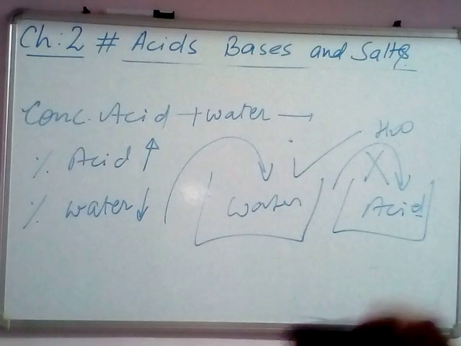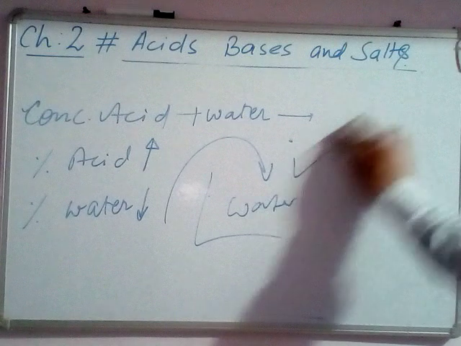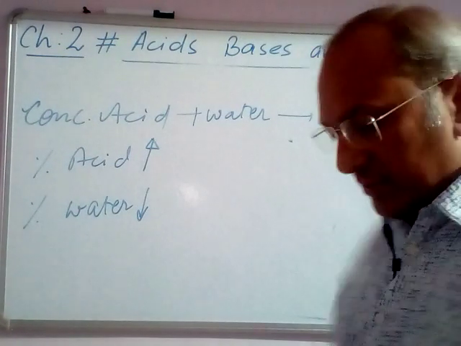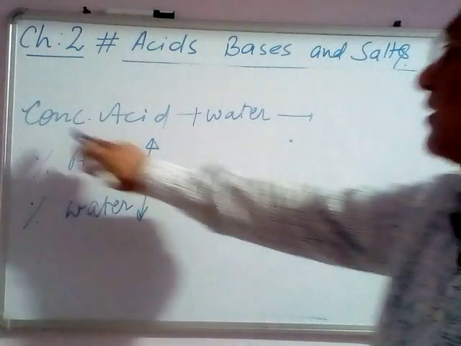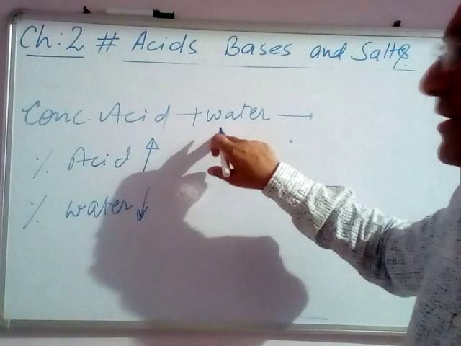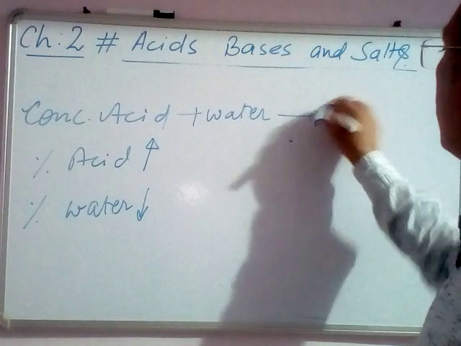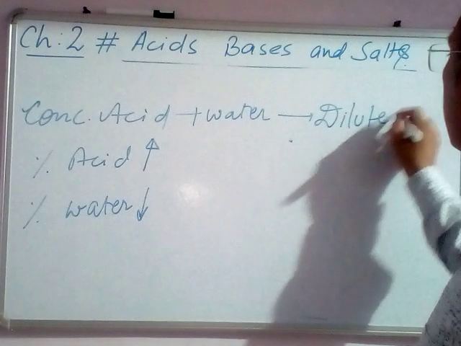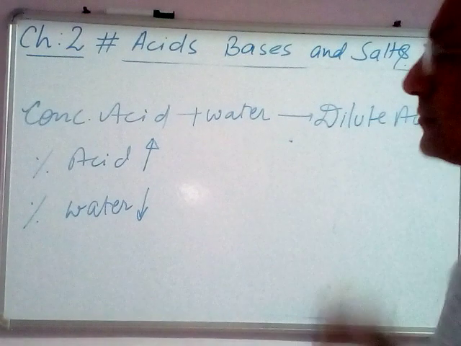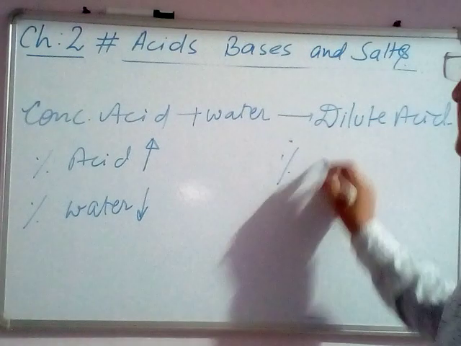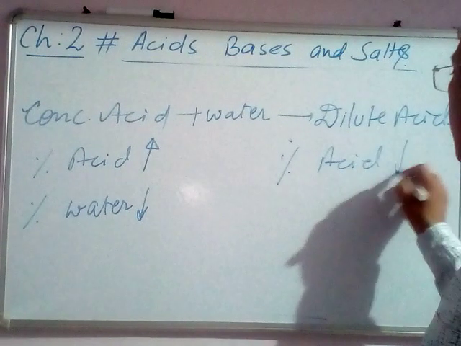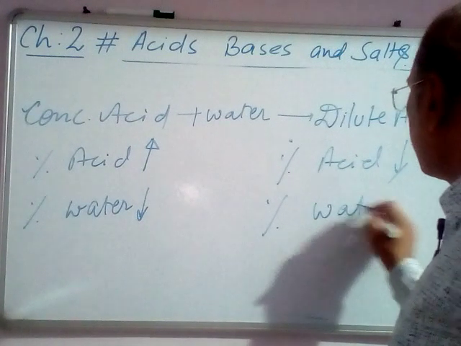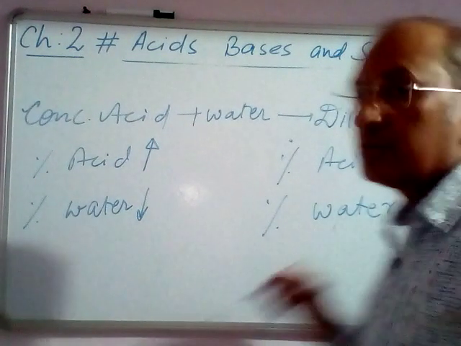So one thing more, we have concentrated acid, we add water, it converts into dilute acid, and in dilute acid the percentage of acid is less and the percentage of water is more.